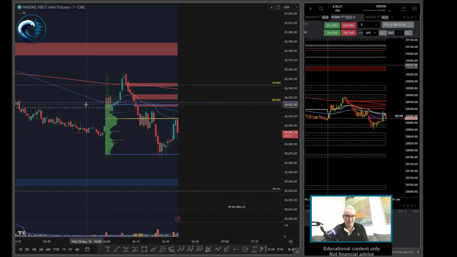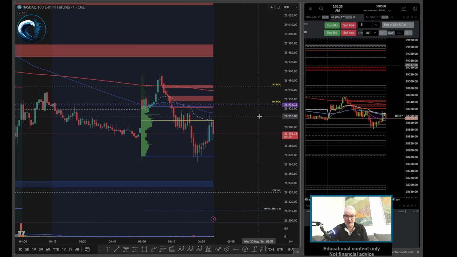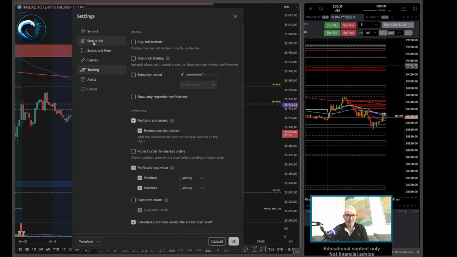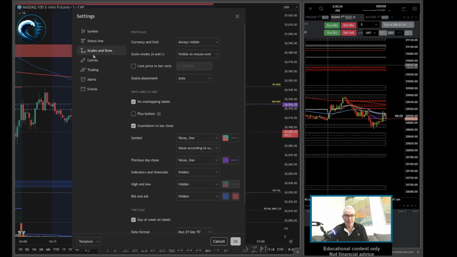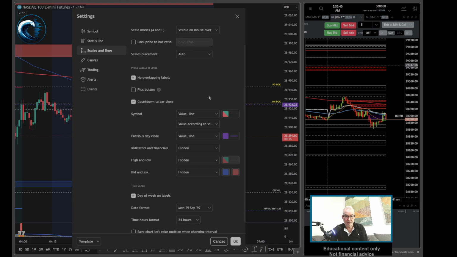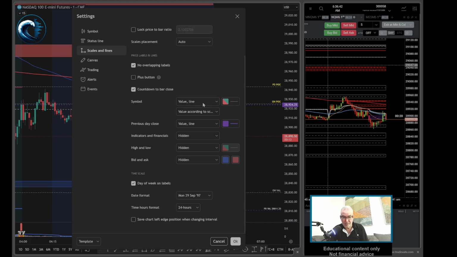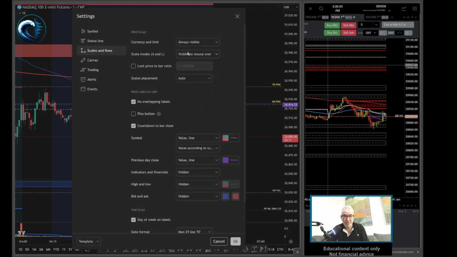So at close of the trading day, you can set that up in TradingView. Where do you set that up in TradingView? Probably scales and lines. I think it's in here somewhere. Can anyone see that?